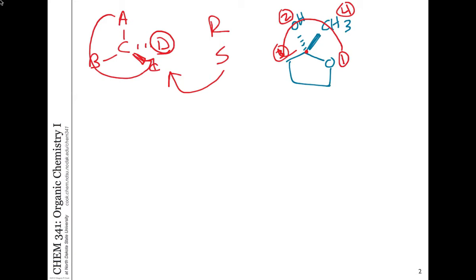Okay, let's take a look at something like this. I want you to tell me what the relationship between these molecules is.